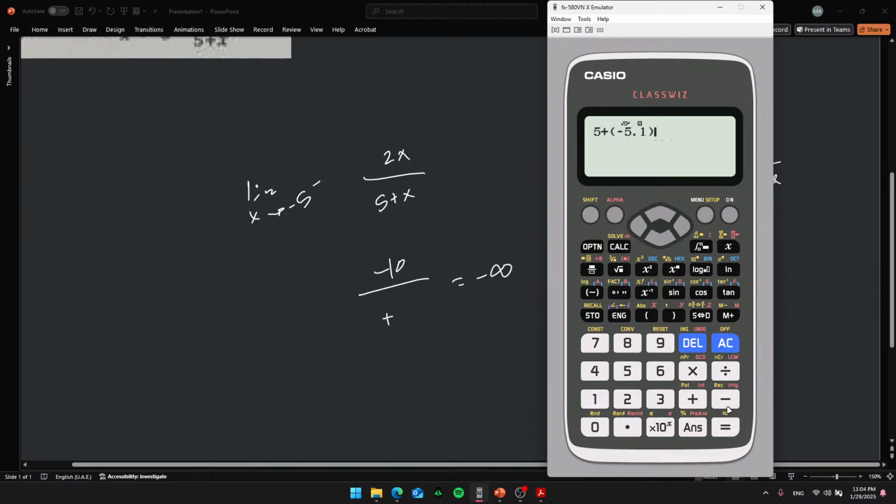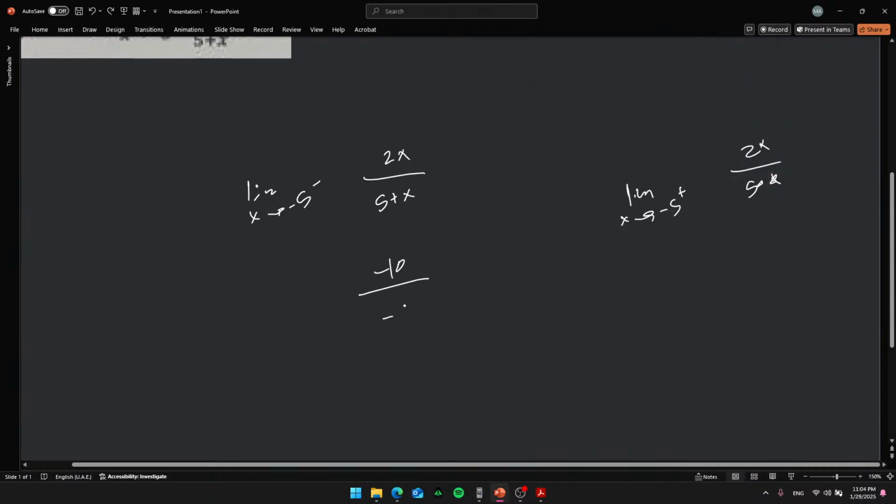Let's see. Oh, so it's a negative number. Negative number, not a positive number. So negative over negative, so positive infinity.